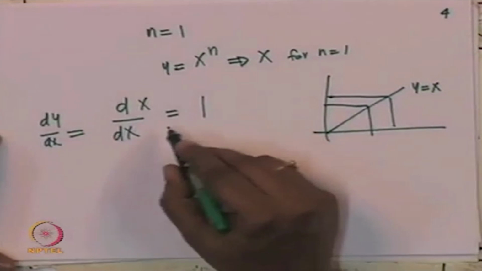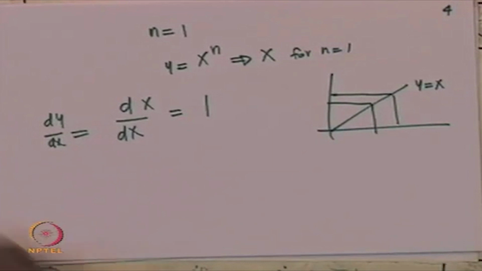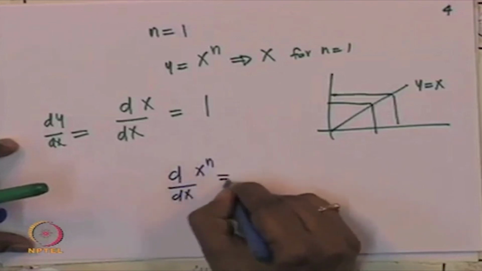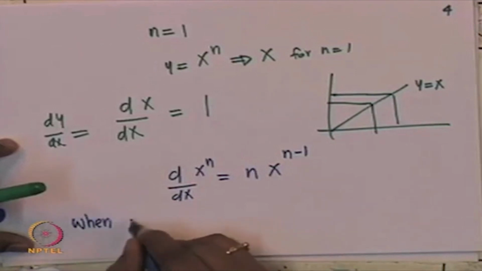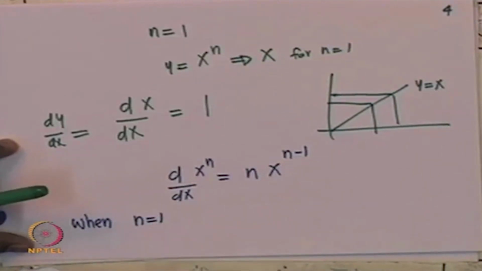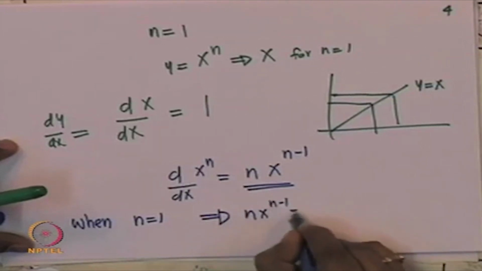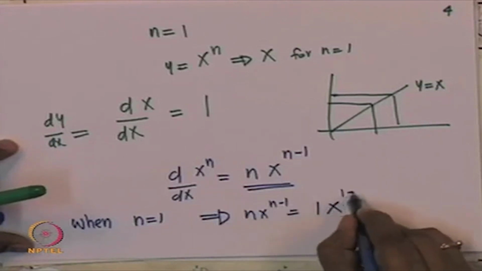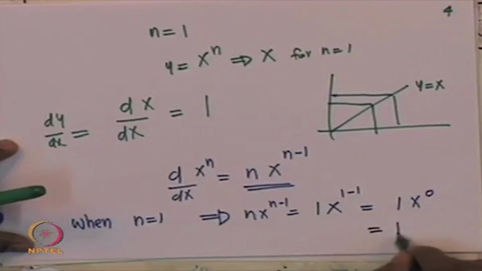So now let us see if this applies to our rule. The rule we learned today is that d by dx of x power n is n x power n minus 1. So when n equal to 1, what is n x power n minus 1? n is 1, x power n minus 1 is x power 1 minus 1, which is 1 times x power 0. x power 0 is 1, so this is just 1.